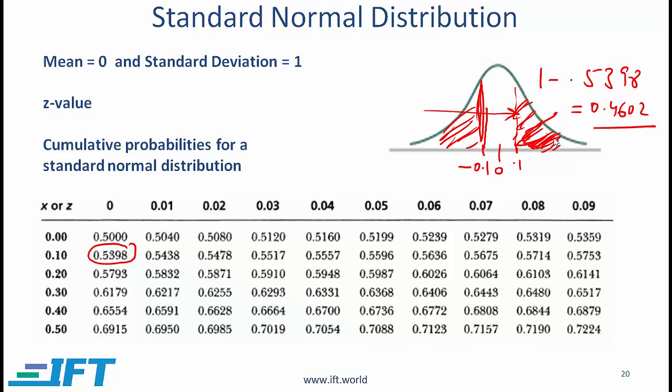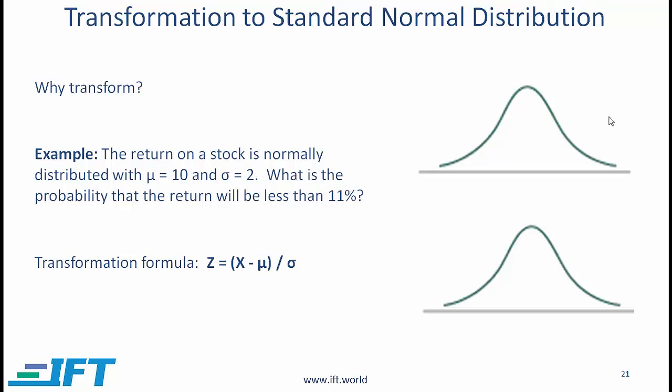So the answer to the original question, what is the cumulative probability for z equal to minus 0.1, is 0.4602.